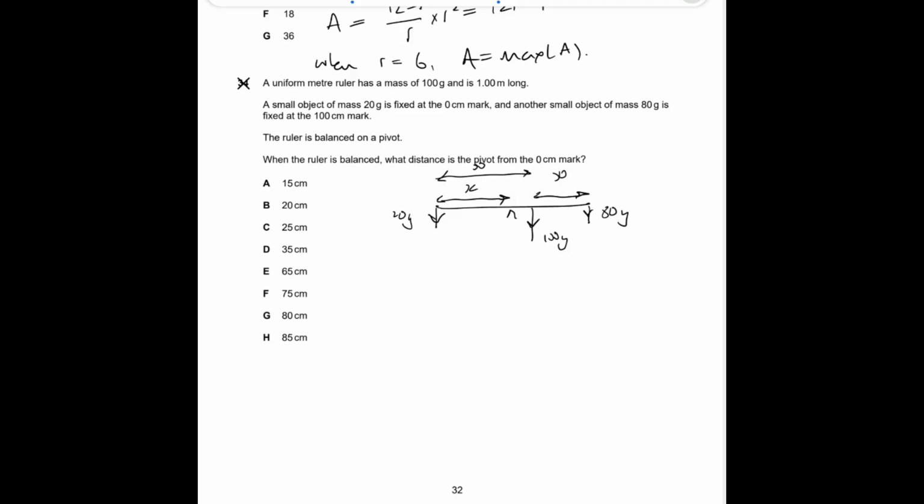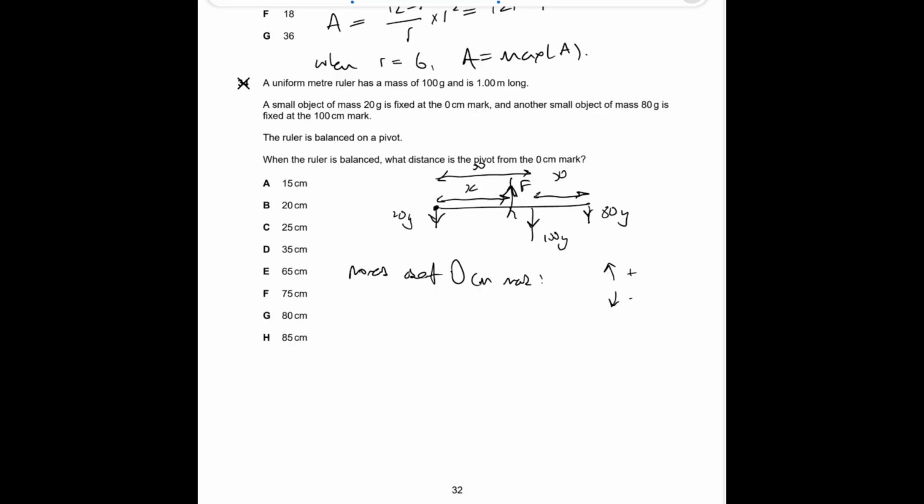Okay. We've got the pivot pushing up with a certain amount of force F. So let's take moments about the 0 centimeter mark. Let's say this way is positive, this way is negative.